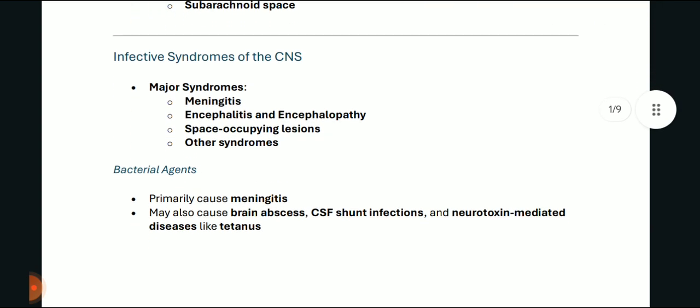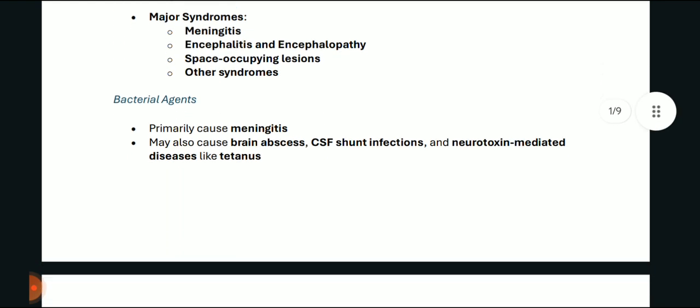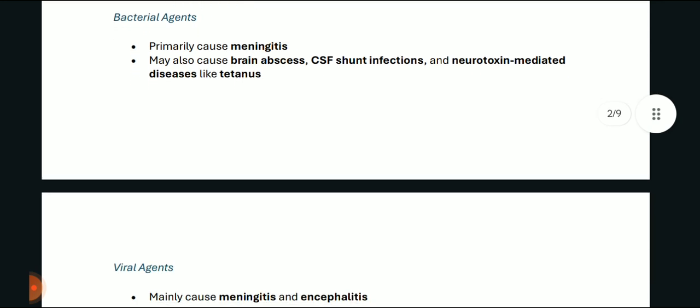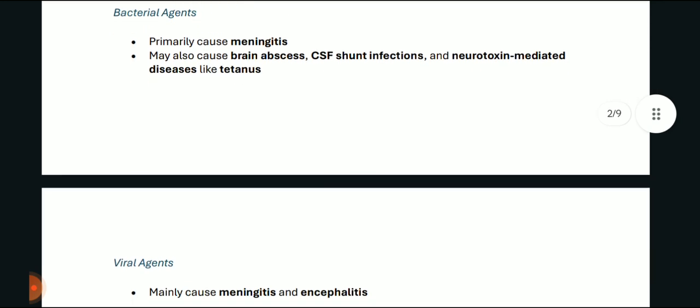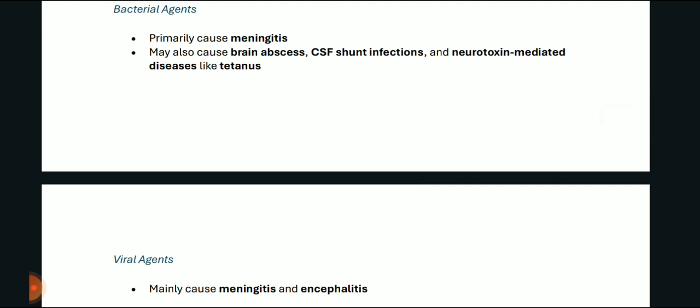So what are the main infective syndromes of CNS? There can be meningitis, there can be encephalitis and encephalopathy, and there can be some space occupying lesions, while other syndromes may also be there in CNS. The bacterial agents primarily cause meningitis.